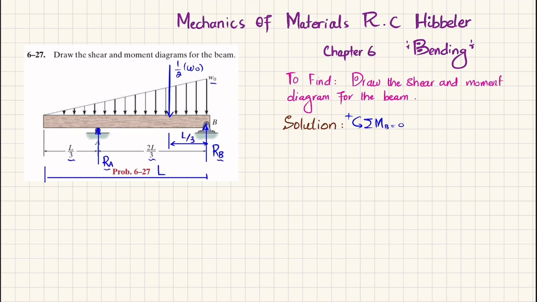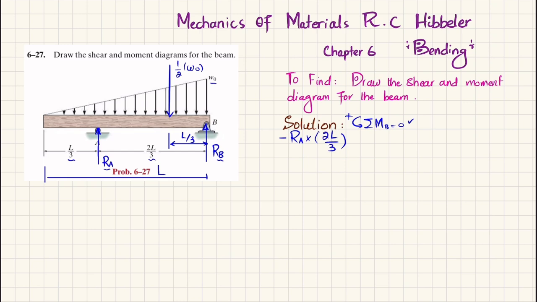Now we apply this equation of equilibrium. RA into the perpendicular distance 2L by 3. Let me show you. This is RA, and about point B this perpendicular distance is 2L by 3, and this is producing clockwise moment, so it will be negative. So I will write minus.